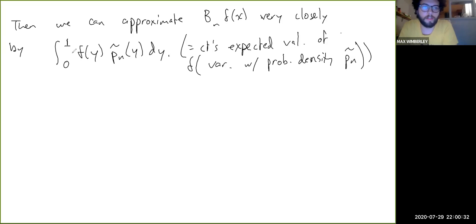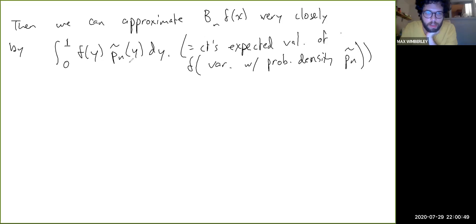So this is the expected value for the continuous version, and you can think of Bn f of x as being like this, essentially. When n is very large and x is not super close to 0 or 1, this is a very good approximation.